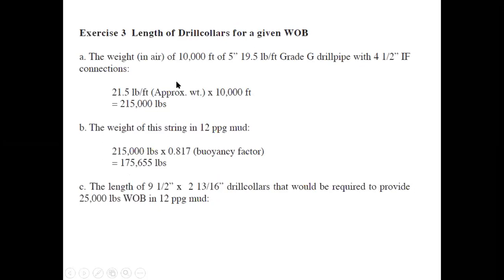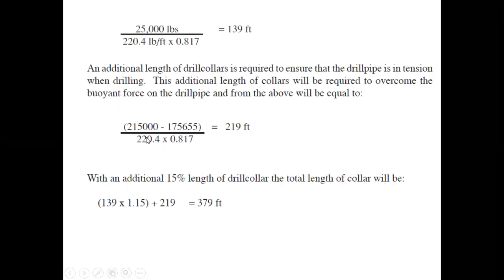This is in open air. This one is, you can say, inside the borehole with the drilling fluids. So we just subtract both of them, divide by 20 point, which is the weight of the drill pipe, and apply the buoyancy factor. So we need a total of 219 feet of drill collar more in order to keep the drill pipes in tension and to provide the weight on bit in compression.